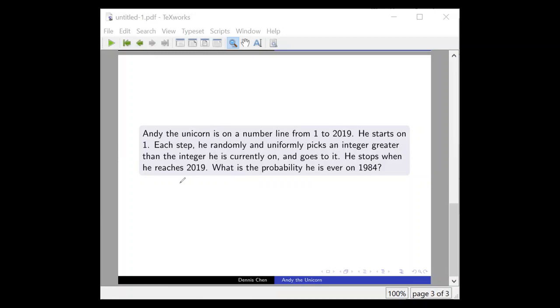You might think, okay, he can go from 1 to 2 to 3 to 4 and then on to 1984, and he just visits every number. That's one way. Another way is he just jumps straight to 1984, and then he jumps to 2019.